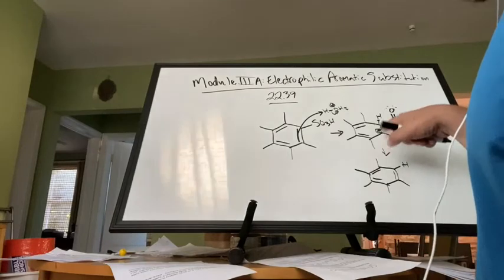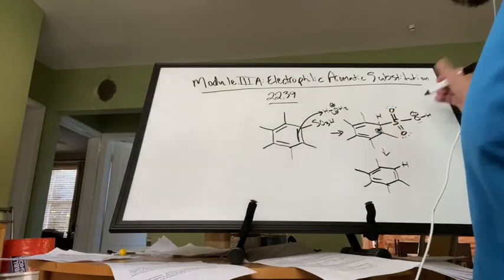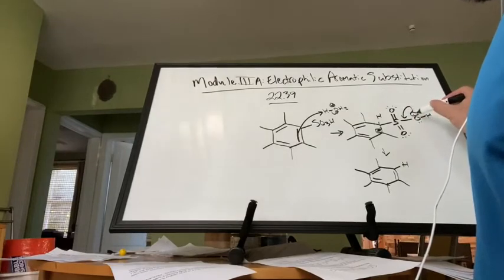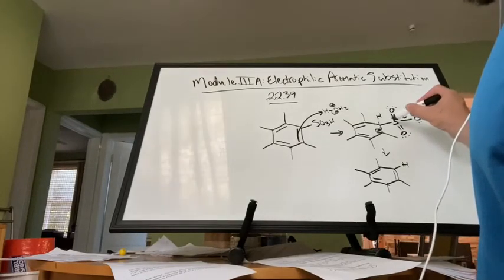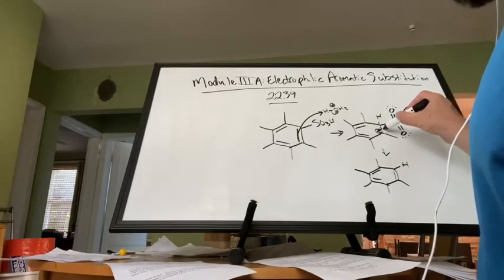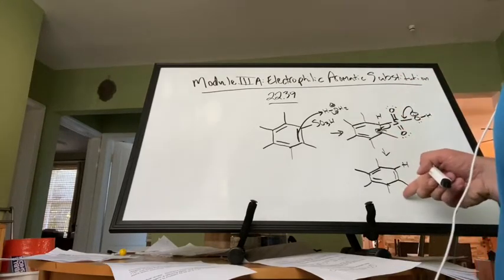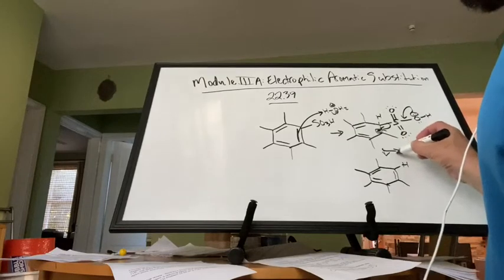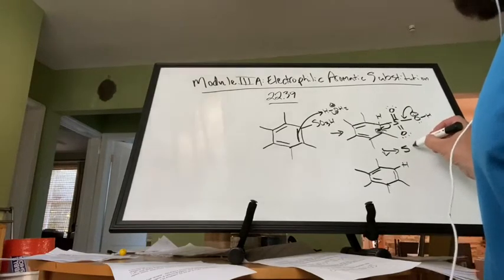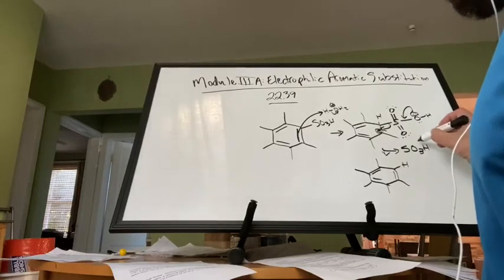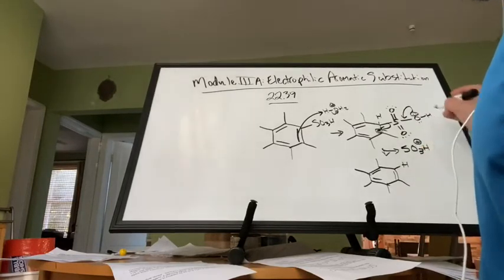Okay, and then the second step is when this lone pair kind of comes back and cascades and kicks this off, making it sort of a quasi-leaving group. Okay. So what goes by the wayside is SO3H plus, right?